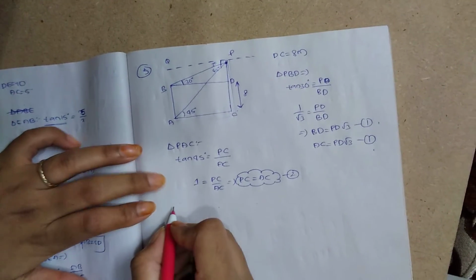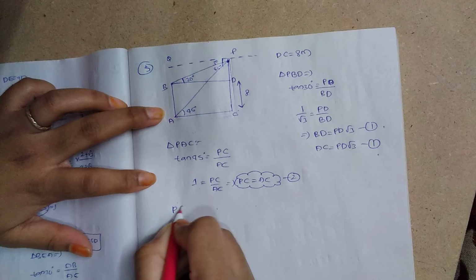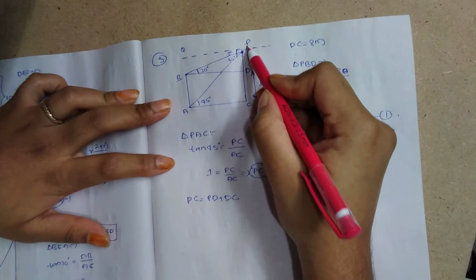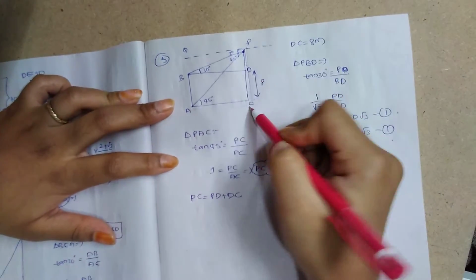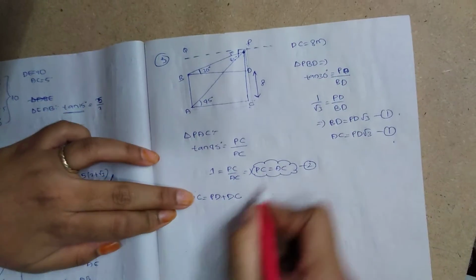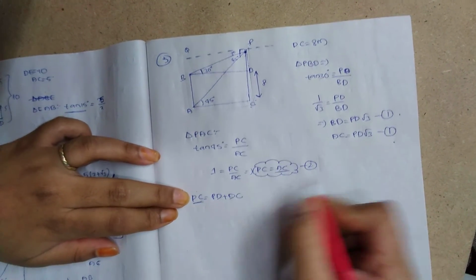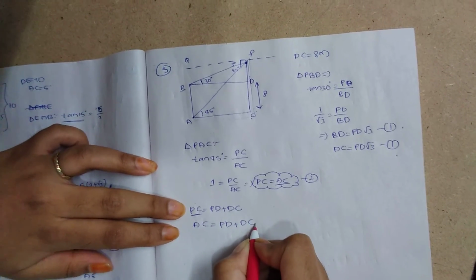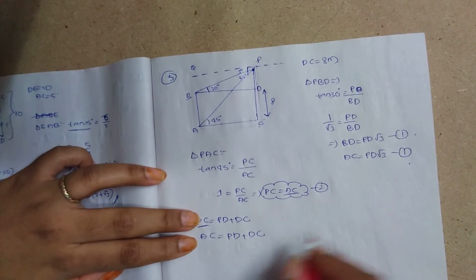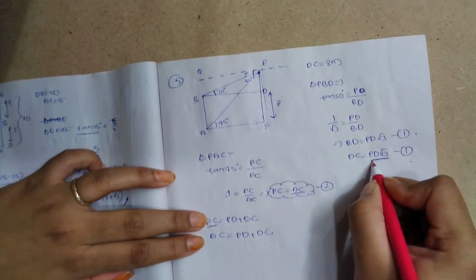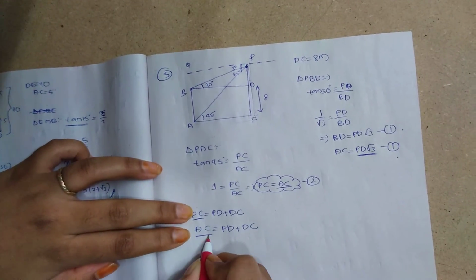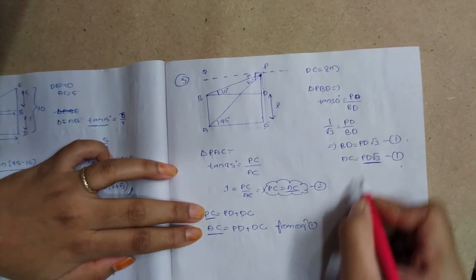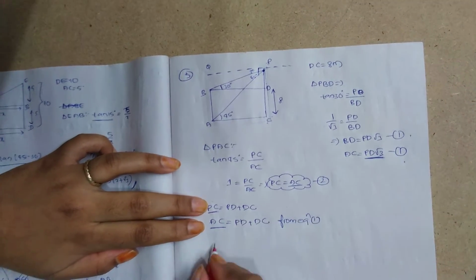Agree? Now see, we can write PC as PD plus DC. Yes or no? Now this PC can be replaced by AC. AC is equals to PD plus DC. Now this AC from equation 1 can be written as PD root 3.